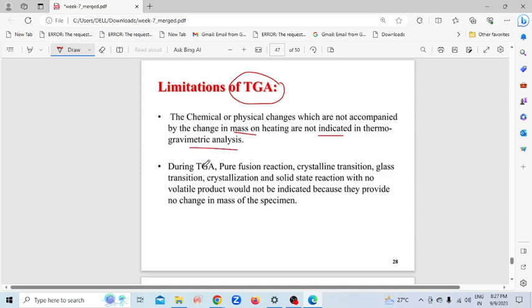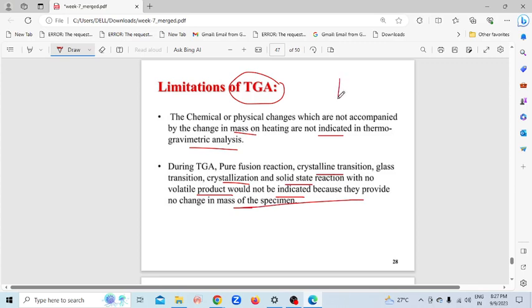So mass change should be there. During TGA, pure fusion reaction, crystallization reaction, glass transition, crystallization of solid state with no volatile substance would not be included. They provide no change in the mass.